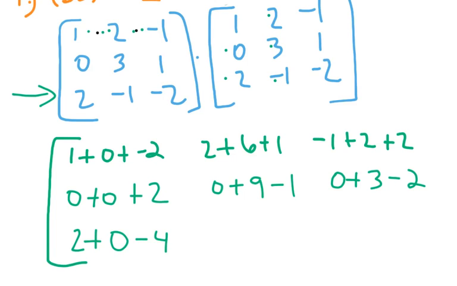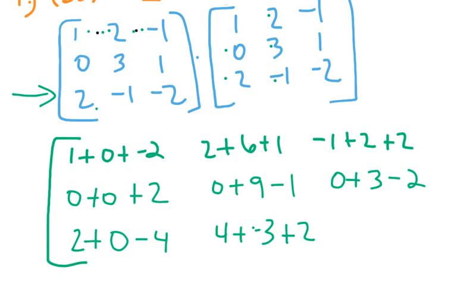Okay, moving on to our second column. I have 2 times a 2, which is 4, plus negative 1 times 3, negative 3, plus a negative 2 times a negative 1, which is just plus 2.